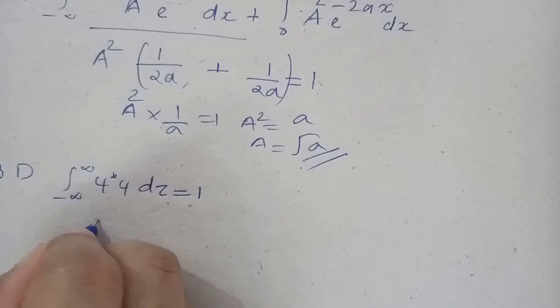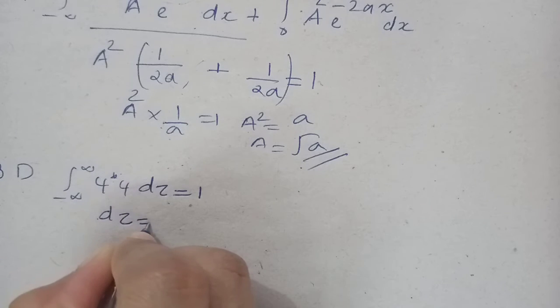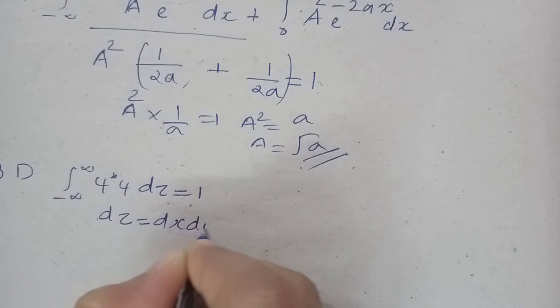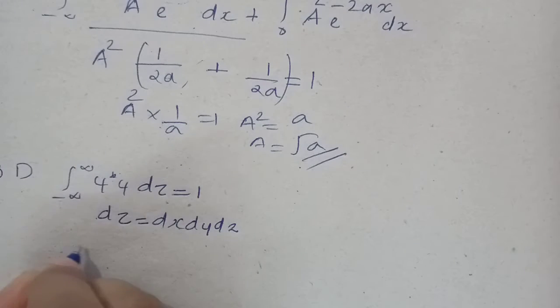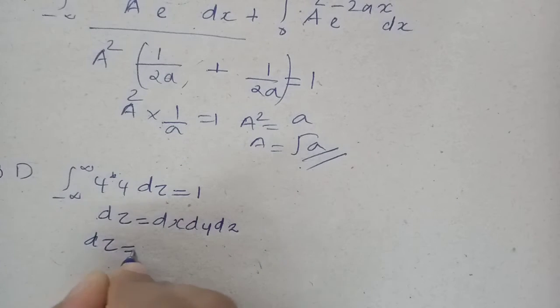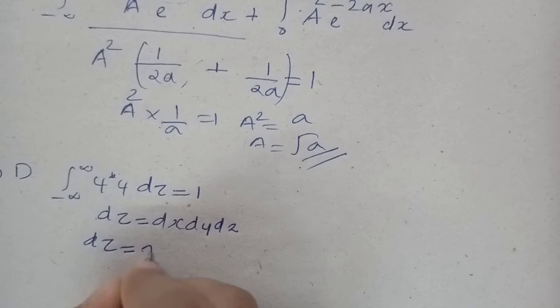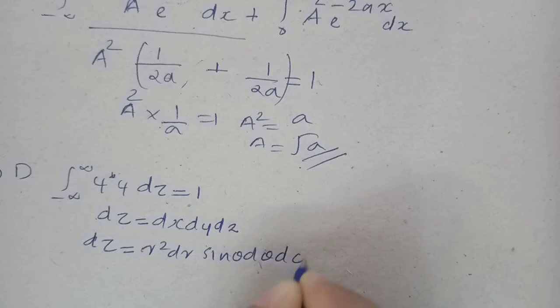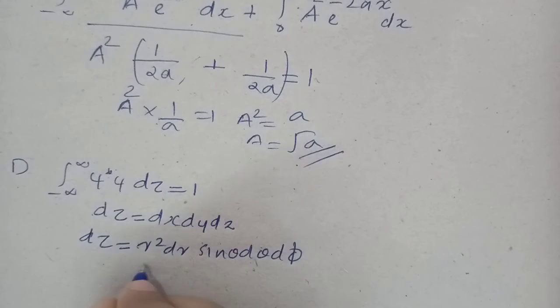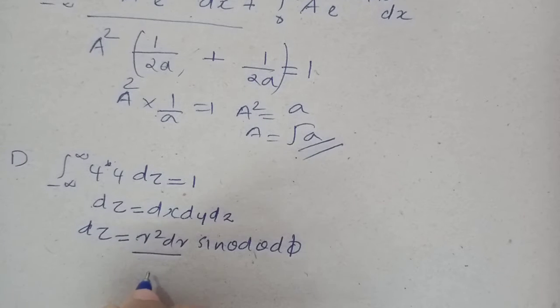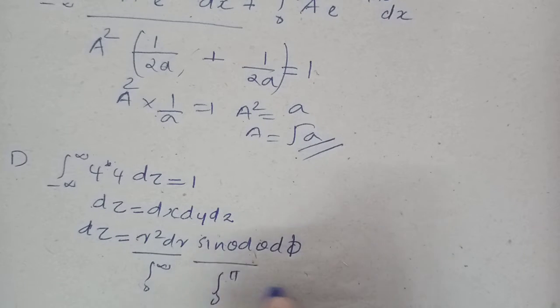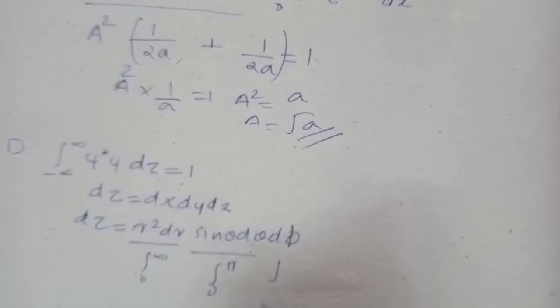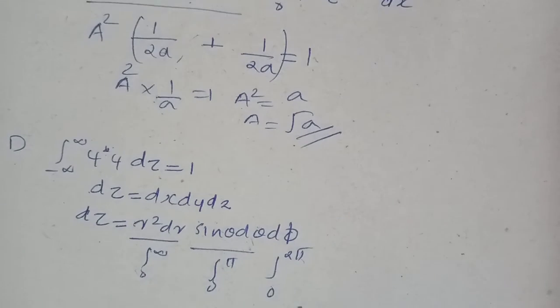In the Cartesian coordinate system, d tau, the volume element, is equal to dx dy dz, and d tau in the spherical coordinate system is r squared dr sin theta d theta d phi, in which r is integrated from 0 to infinity, theta is from 0 to pi, and phi is from 0 to 2 pi.